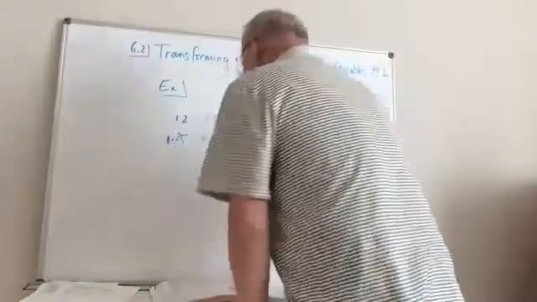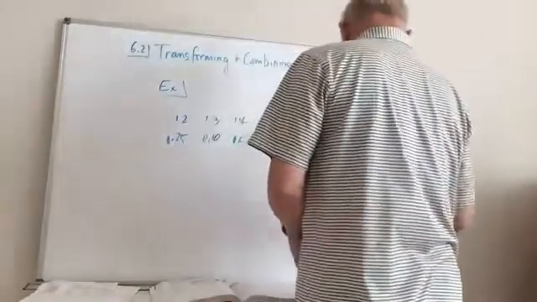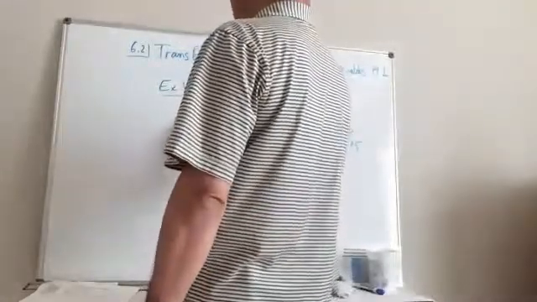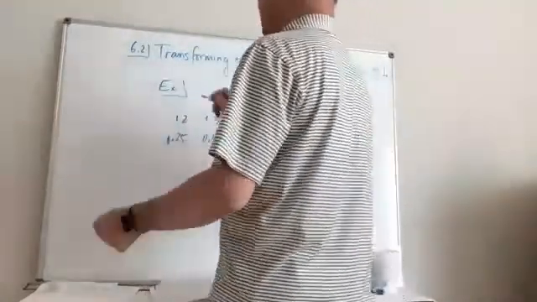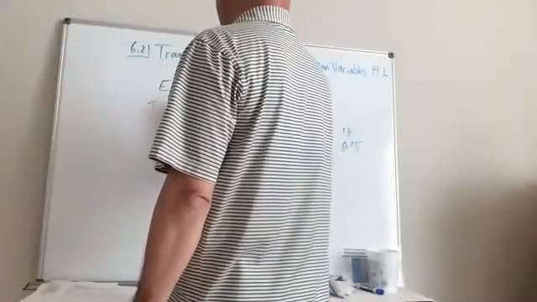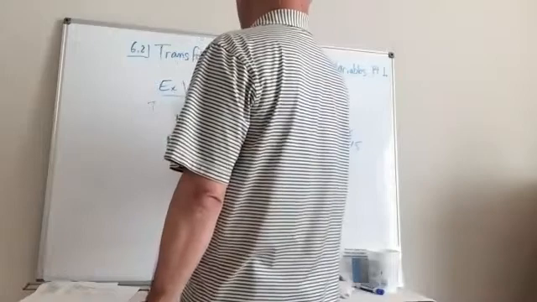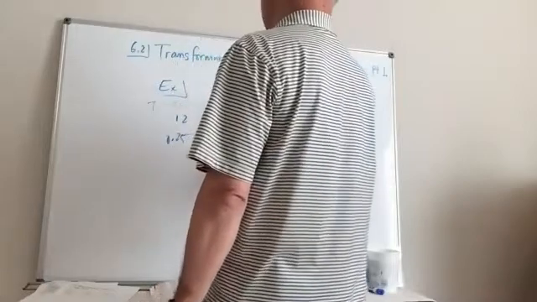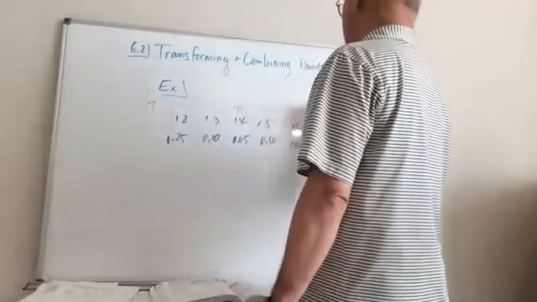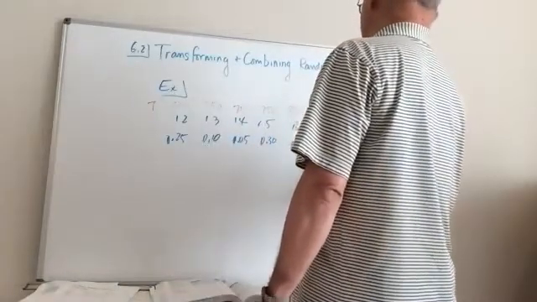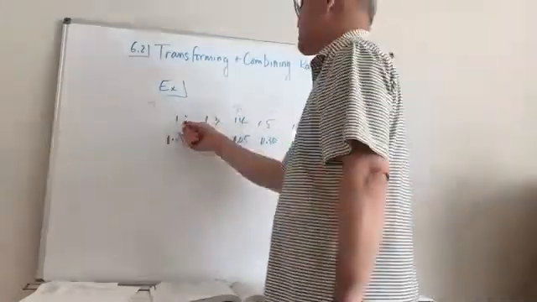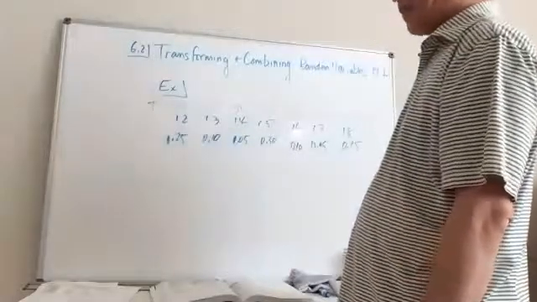Now we're going to call this the distribution of T. T is nothing more than this guy times 50, right? So you're going to have T. So this is going to be 650, 750, 800, 850, 900, because you're multiplying this guy times 50, right?